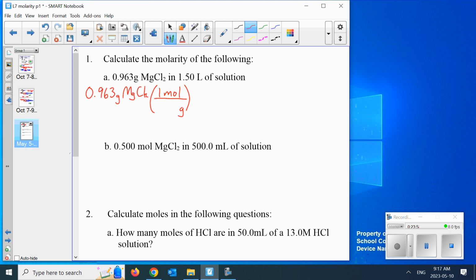Stop me if I make a mistake, because I'm doing them fresh and I make mistakes. Okay. So 0.963 divided by 95.21. I get 3 significant digits: 0.0101. That's the moles.